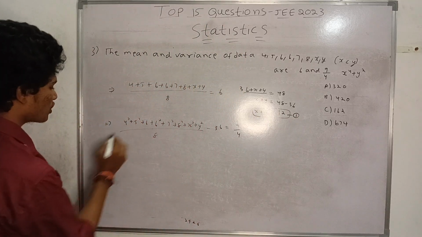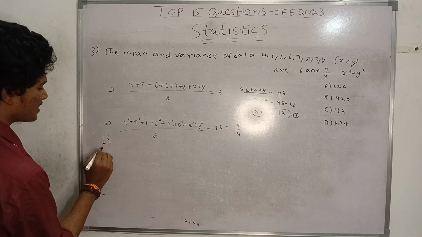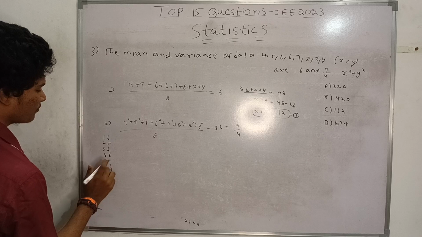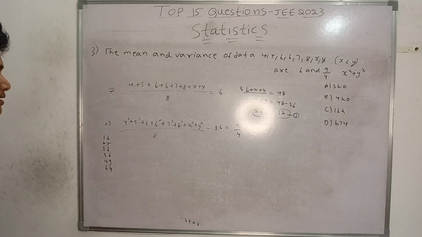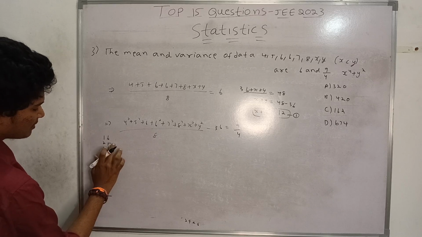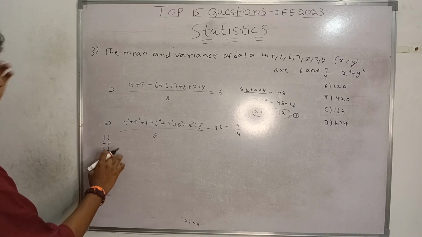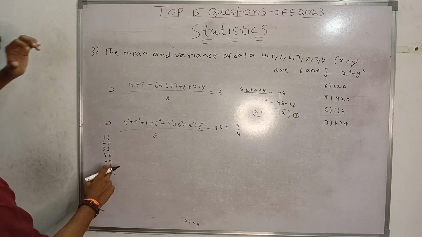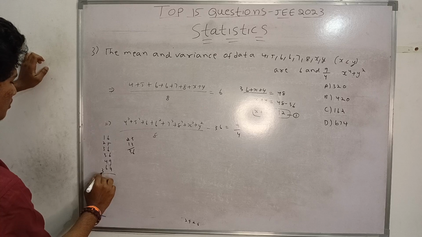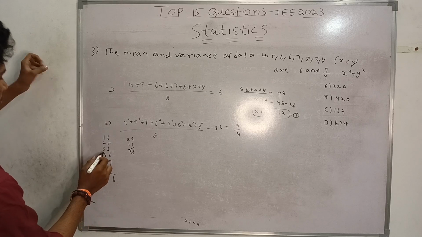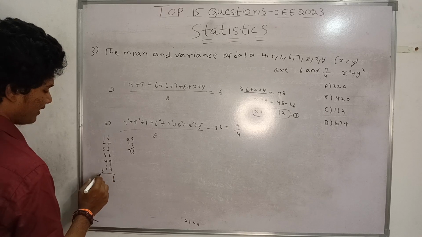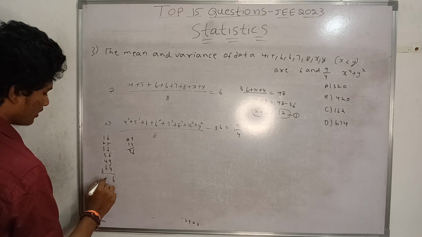And here 4 square is 16, 5 square is 25, 6 square is 36, and again another 36, 49, 64. Like that the sum is given. Now adding: 6 plus 5 is 11, 11 plus 6 is 17, 23, 23 plus 13 is 36, and 9, 19, 22, that is 216.